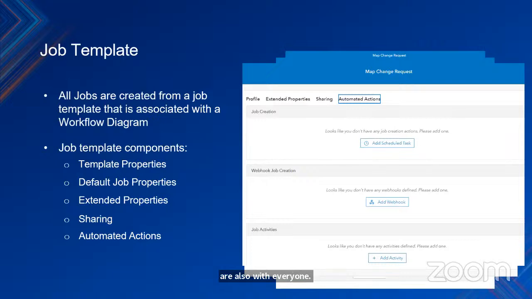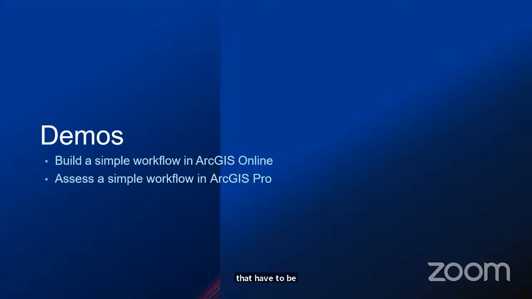And of course, we have some automated actions and some actions that have to be manual. And in our demonstration that we will do today, let's just run through some components and see how that is.